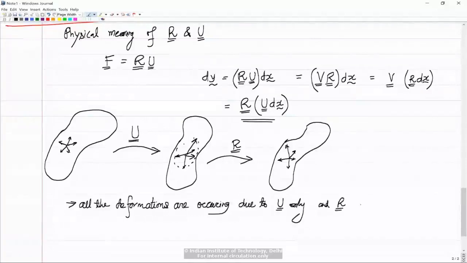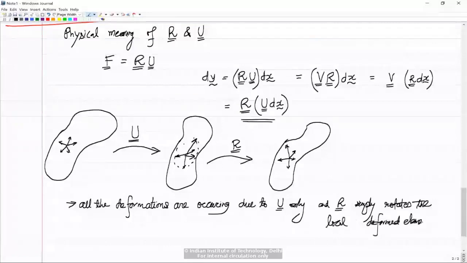And R simply rotates rigidly, simply rotates the local deformed elements. For example, you can say here that this is dy prime, which is equal to U into dx.